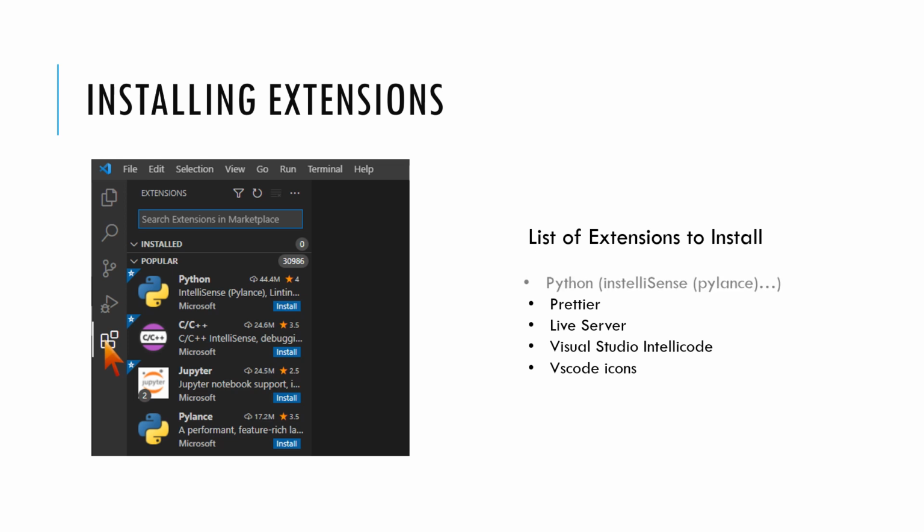They are Python, which includes Pylance, Lint, and other programs, Prettier, Live Server, Visual Studio IntelliCode, and VS Code icons. To find each of these, you only have to type in the search bar what you are looking for. Here, we will click on the Python with 44.4 million downloads and a 4-star rating.